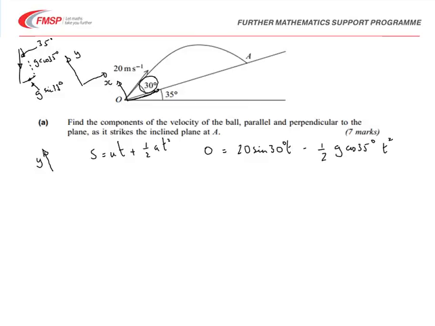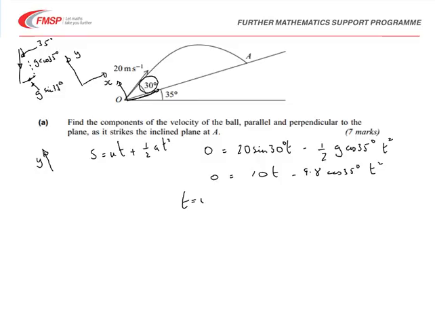If you calculate that, there's a little bit of simplification. First of all, sine 30 is 1/2, so this is 10t, and then 1/2 g is 9.8 t squared. So we can factorize out t.